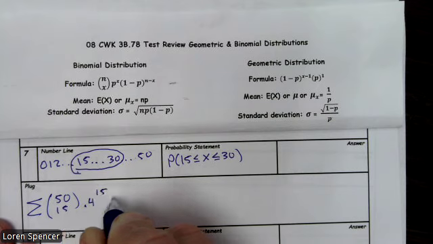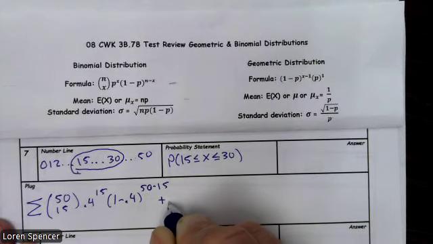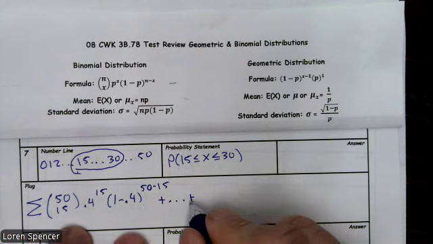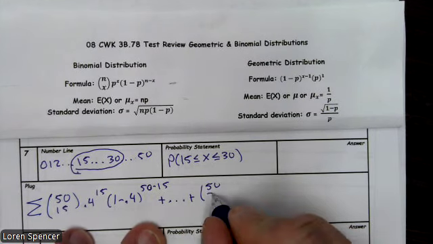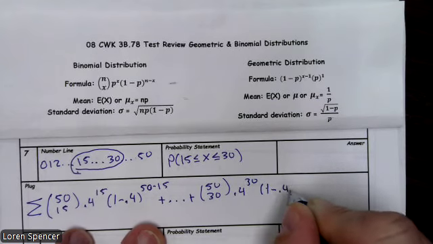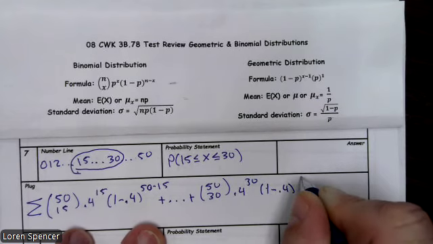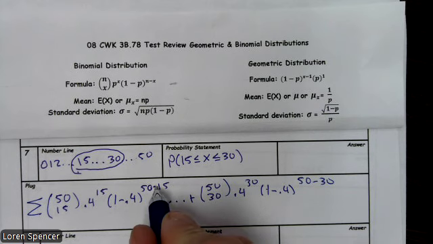So 0.4 to the 15th times 1 minus 0.4 to the 50 minus 15, plus dot, dot, dot, plus 50 choose our highest value circled, which was 30, 0.4 to the 30th times 1 minus 0.4 to the 50 minus 30. Please note this right here shows up right here. This right here shows up right there. The difference is you put a minus sign between them.